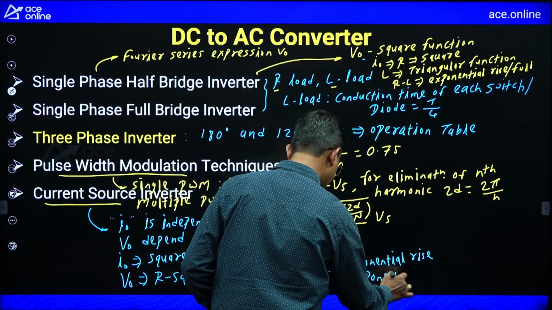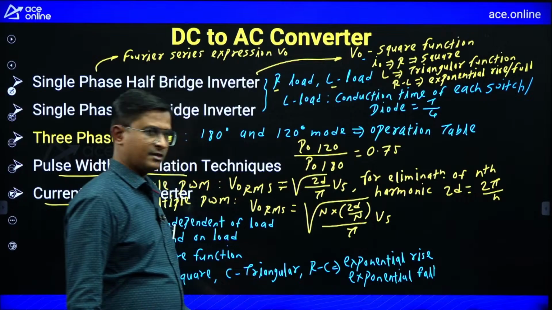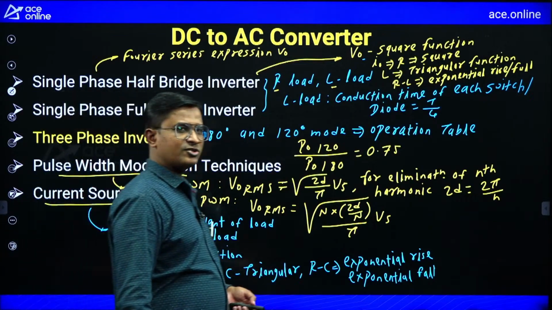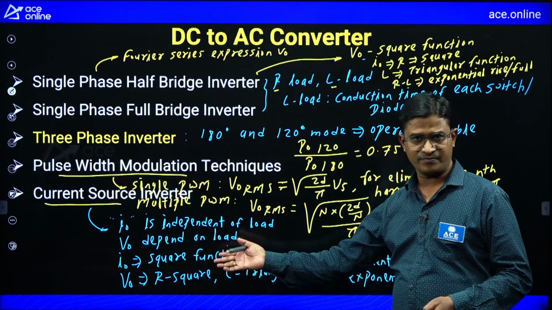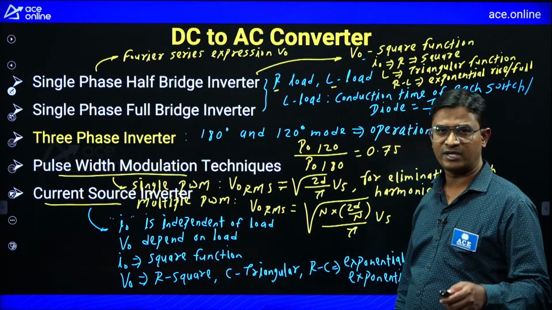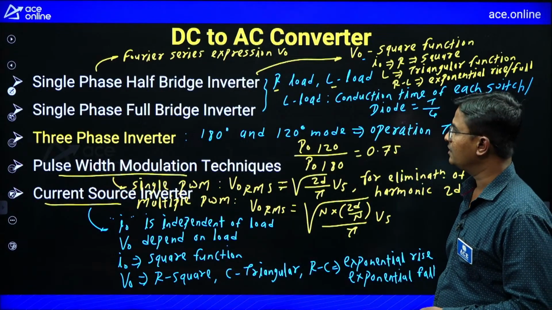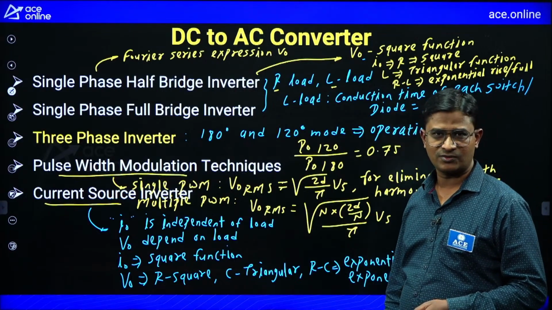So on current source inverter, fewer questions have been asked, but you can expect some theory questions, right? What is the nature of the load current and load voltage for a particular load? So these are the important points from DC to AC converters.